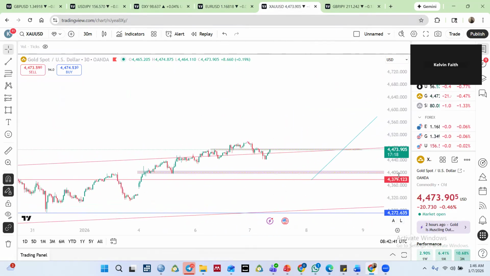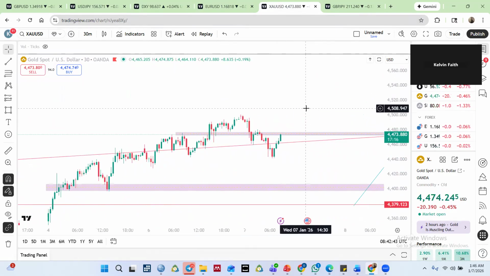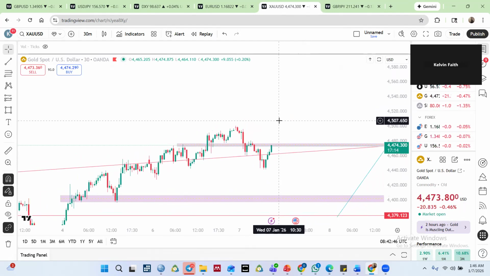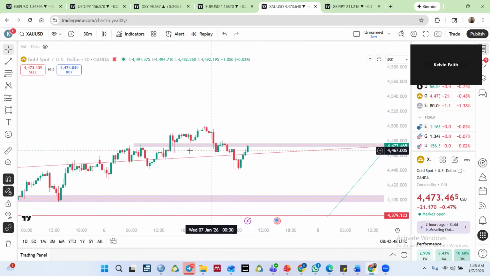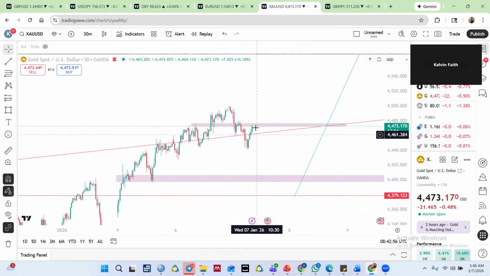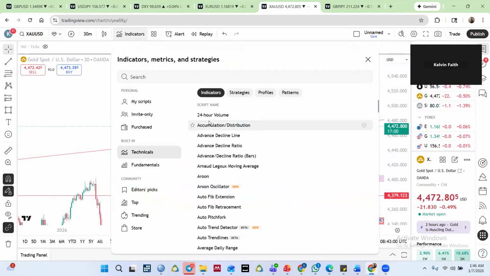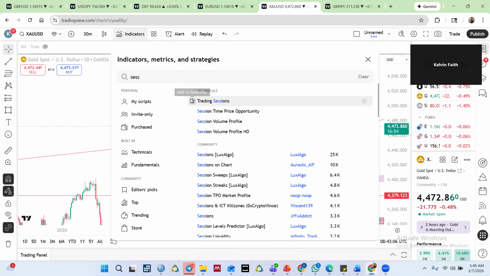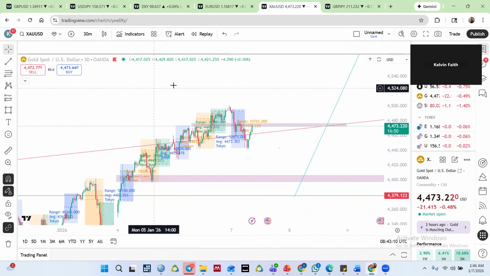Okay, so gold is trying to stay up. It dropped down, came up here. Gold is trying to be up. Let me put the indicator on to see the session open.